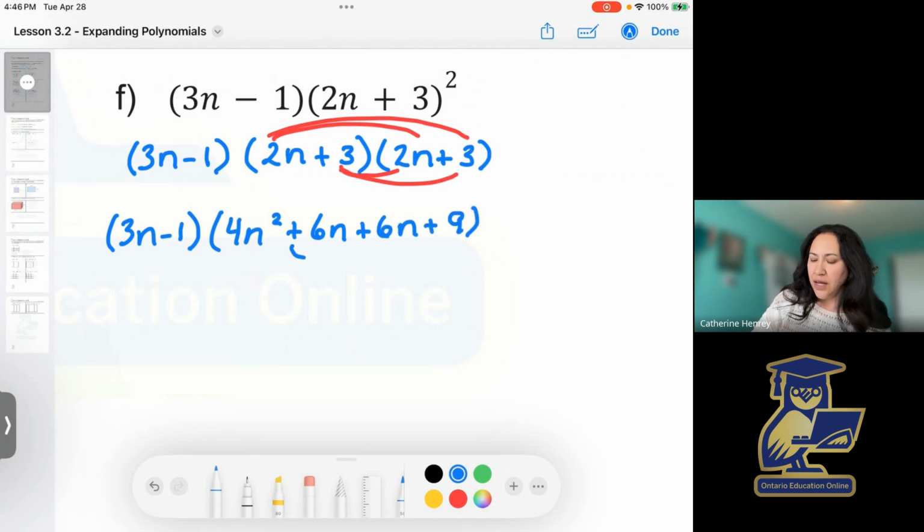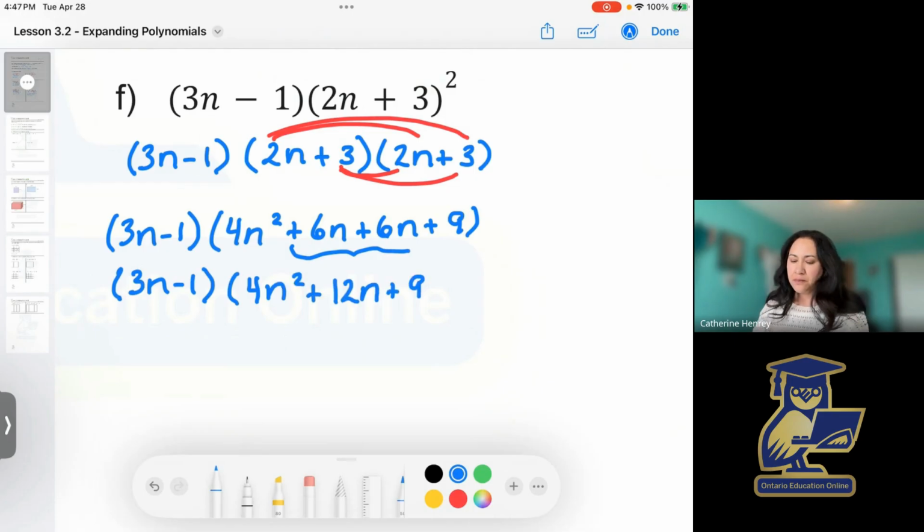I'm going to go ahead and collect those like terms. 3n minus 1 times 4n squared plus 12n plus 9. All right, so now we have a binomial times a trinomial. And FOIL doesn't actually work, but the idea of taking every term in one bracket and multiplying it by every term in the other bracket, that is still what we have to stick with.